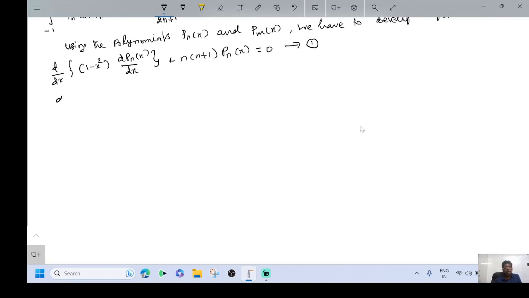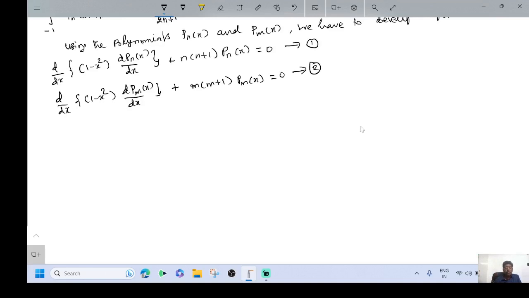In the same manner, d by dx of (1 minus x square) dPm of x divided by dx plus m into (m plus 1) Pm of x equal to 0. This is equation 2.